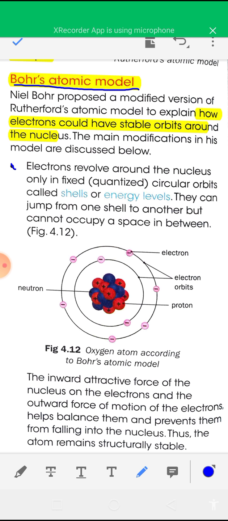Electrons revolve. He told that electrons revolve around the nucleus only in fixed circular orbits, which are called shells or energy levels.